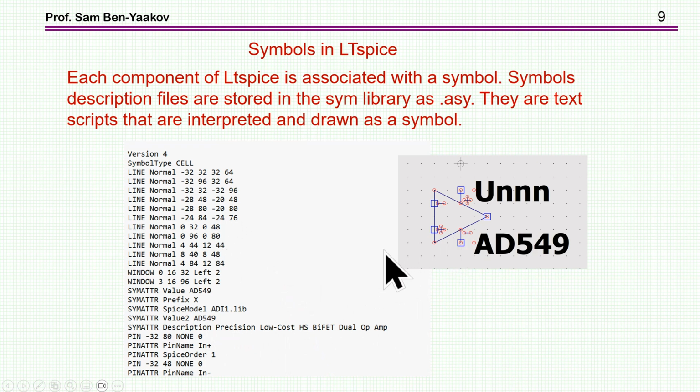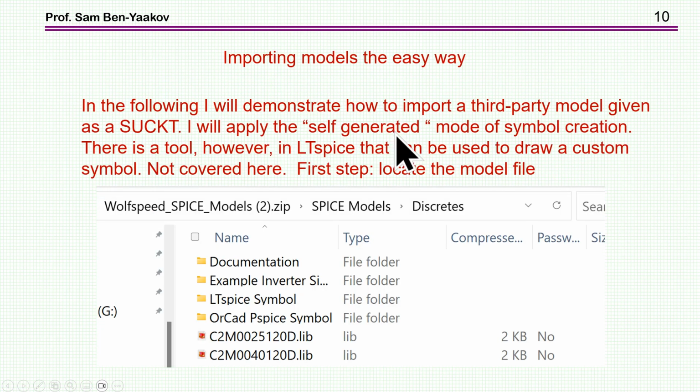So when you draw a schematic in LTspice, there are models which are associated with a symbol, like in this case an operational amplifier. Now the LTspice program, as you download it, has many components and devices already built in a library that you can look at by searching for a component.